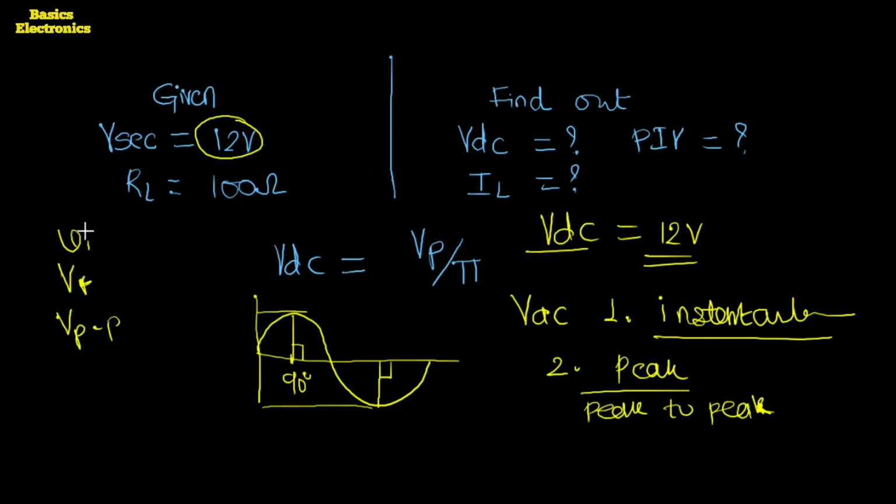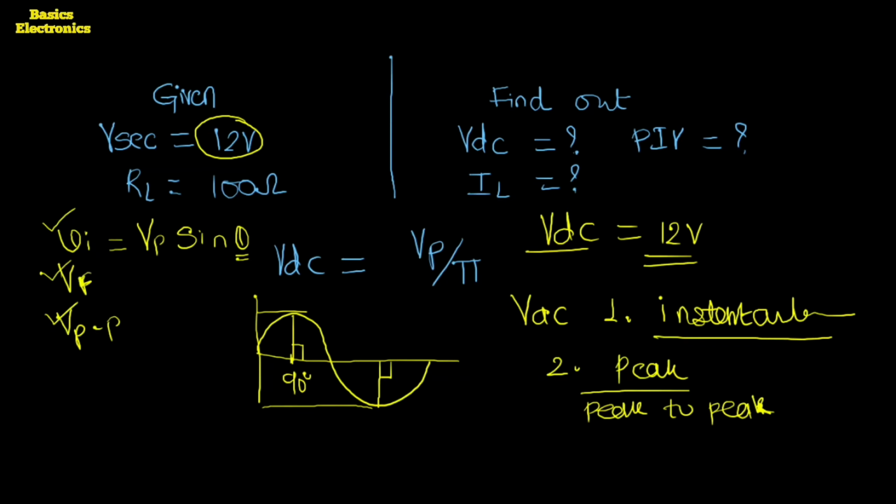The instantaneous voltage is VI, and this instantaneous voltage is given by Vp, or instead of this you may write Vm, that is the maximum voltage. Vp sin theta, where theta is that particular angle. So the AC voltage can be measured as the instantaneous voltage, as the peak voltage, or as the peak to peak voltage.